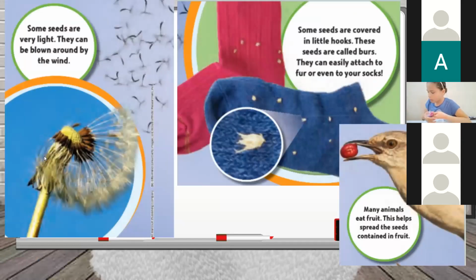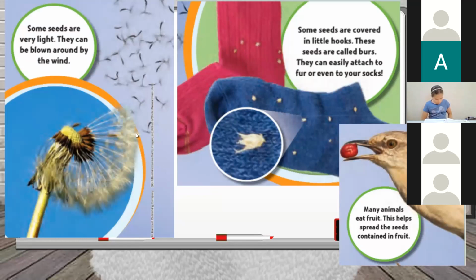Okay, have you ever seen seeds that are attached to your socks, maybe if you were playing in the garden? No. Okay, take a look at these socks over here. Some seeds can be attached to our clothes.